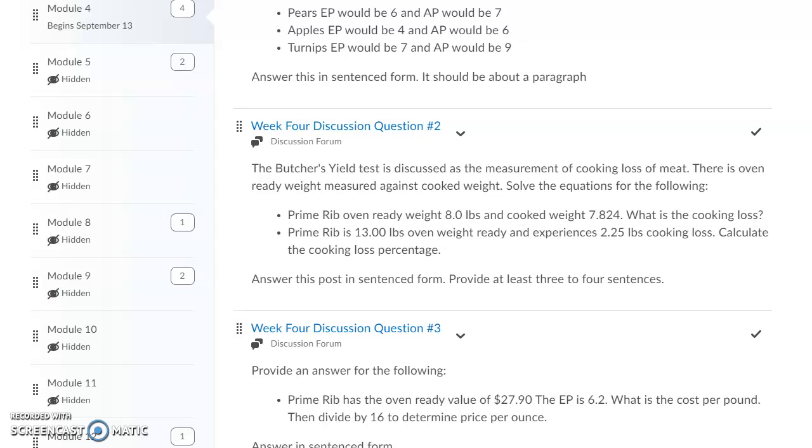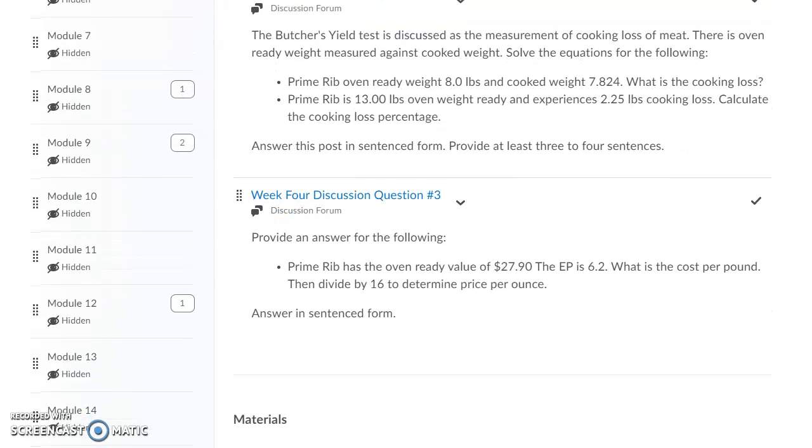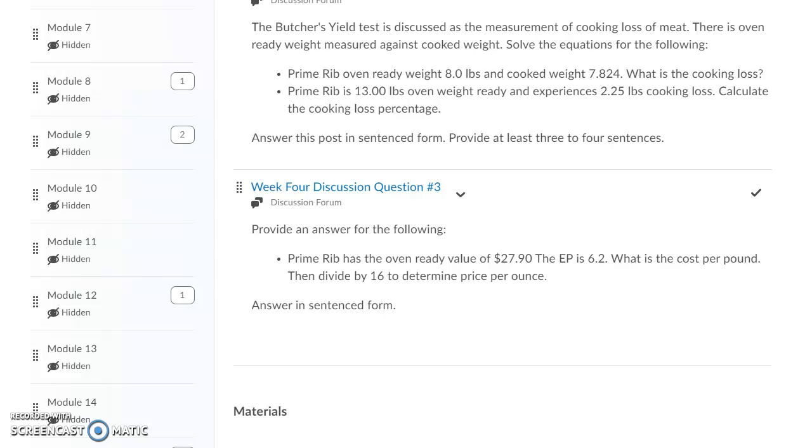The same goes for number 2, discussion question 2. I do apply the butcher's yield test towards prime rib. Again, look at my formula examples and illustrations to determine the cooking loss as well as the loss percentage. And then also, question 3 kind of piggybacks a little bit on question 2 when it comes to determining the oven ready value.